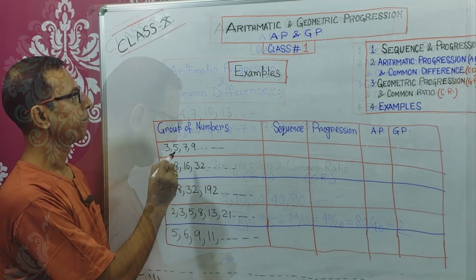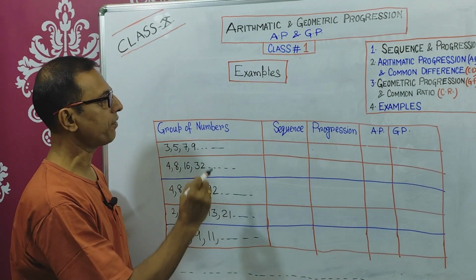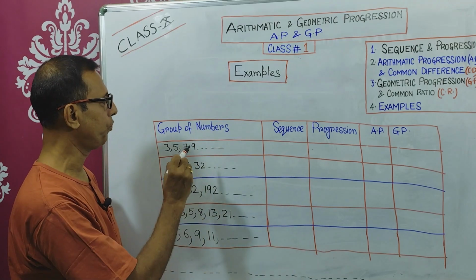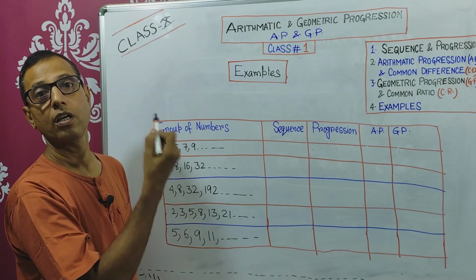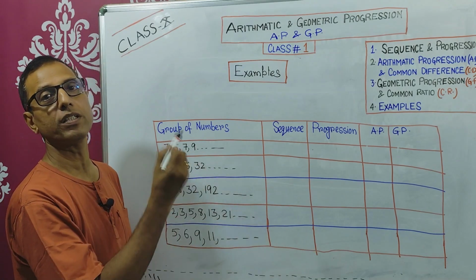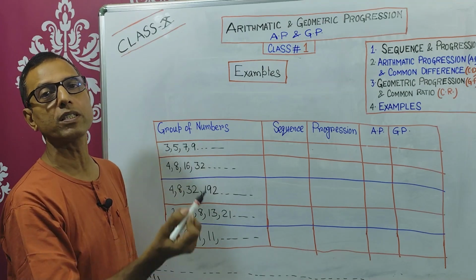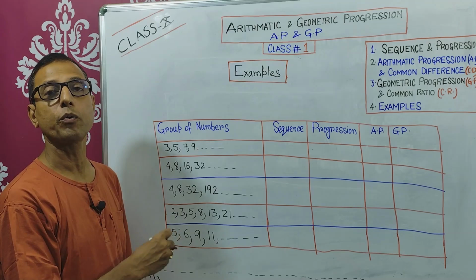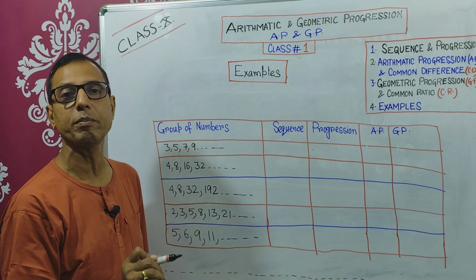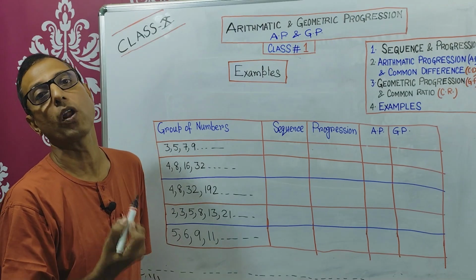Okay. Now I am giving you a few examples from where you can clearly understand which is a sequence, which is a sequence and progression, AP arithmetic progression, which is a sequence and progression, and geometric progression, which is a sequence and progression but neither arithmetic nor geometric progression, and finally which is not at all a sequence.